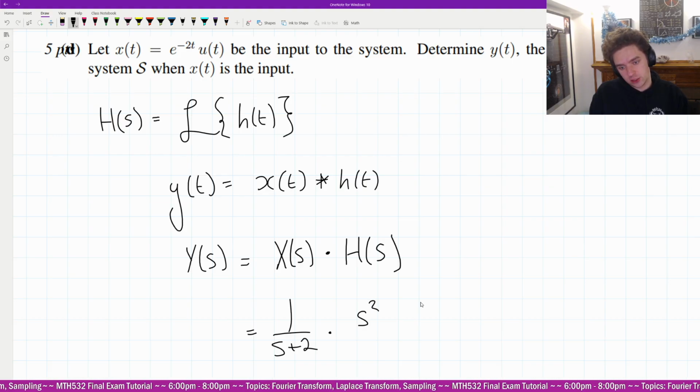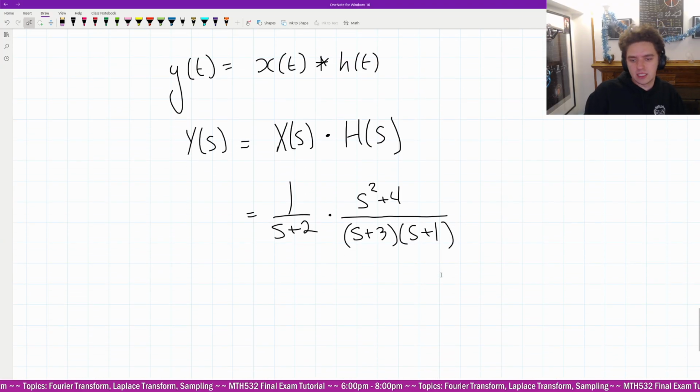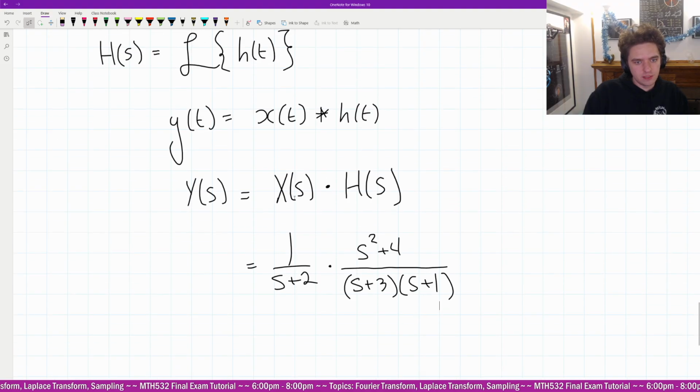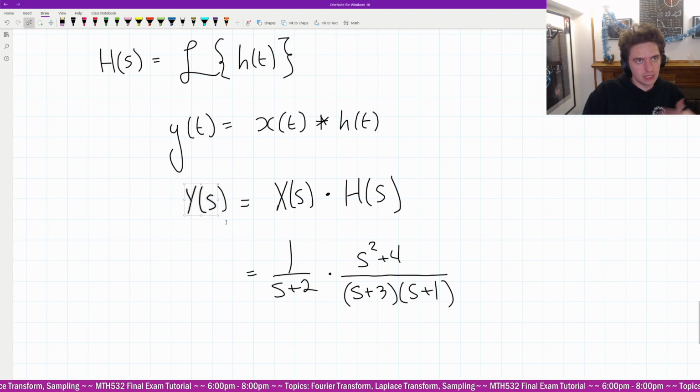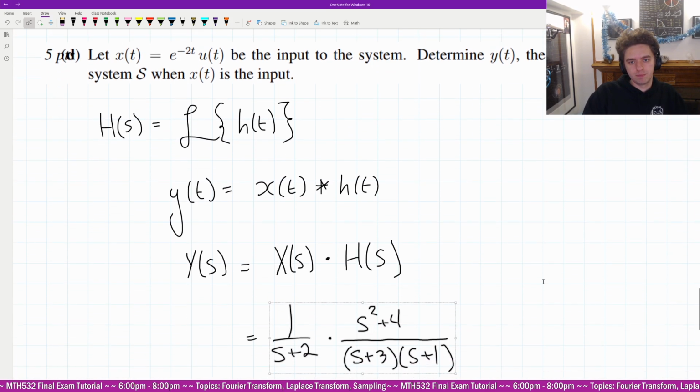We already know H of s: s squared plus 4 over s plus 3, s plus 1. So now we just have some partial fractions to do. We found Y of s, and then we're going to do inverse Laplace on this to get y of t.